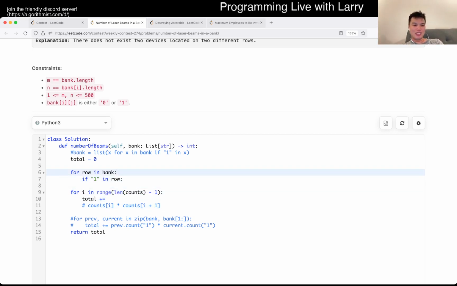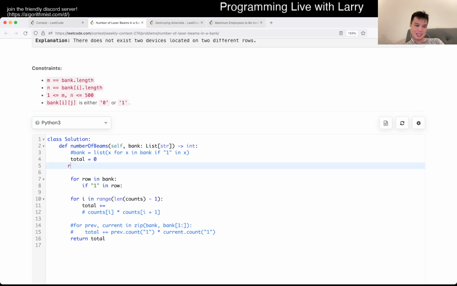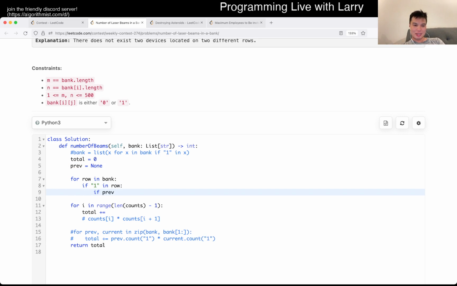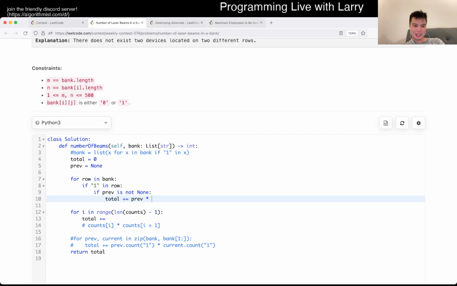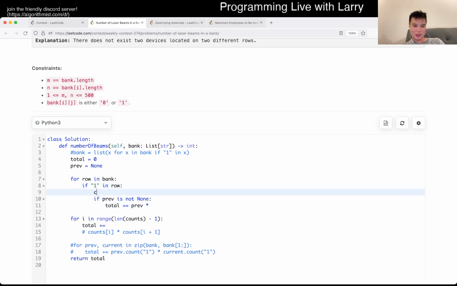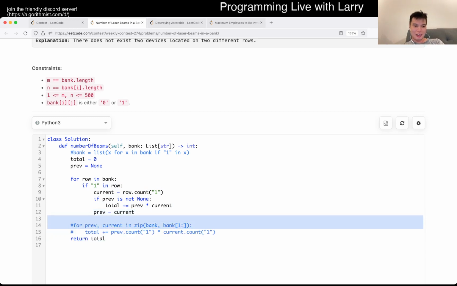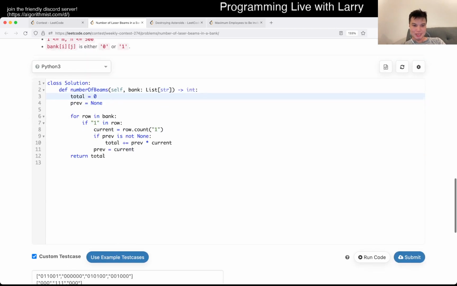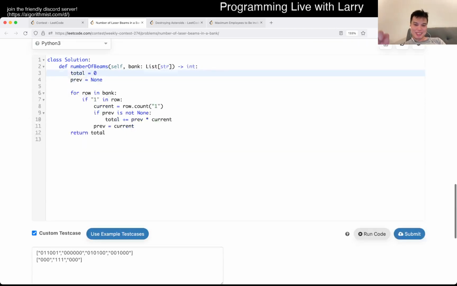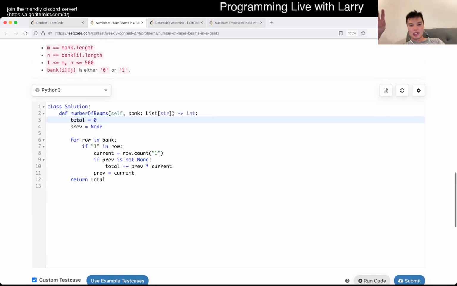So you would do something like previous is equal to None. If previous is not None, total plus equals previous times current, where current is equal to row dot count of 1, and then previous is equal to current. Something like this will be good, and it'll actually be linear time, constant space.